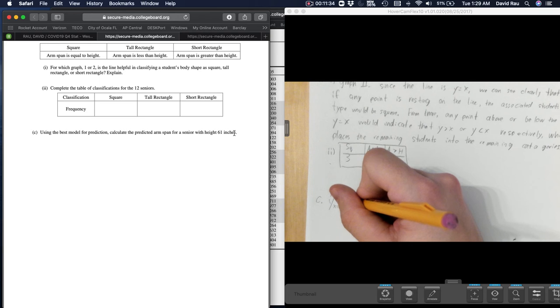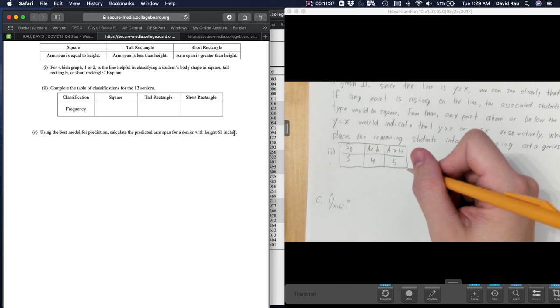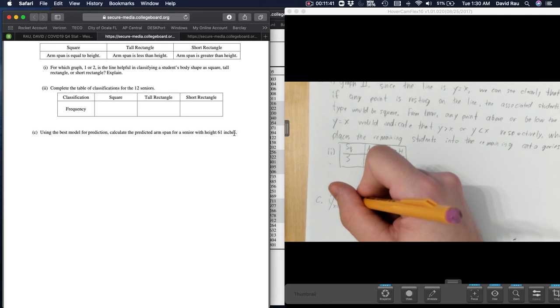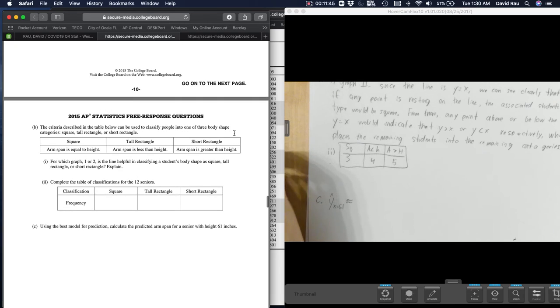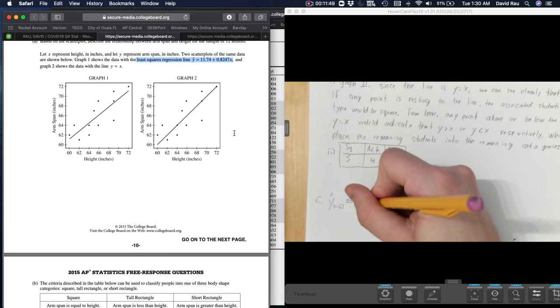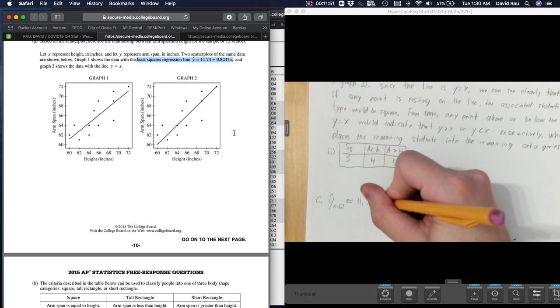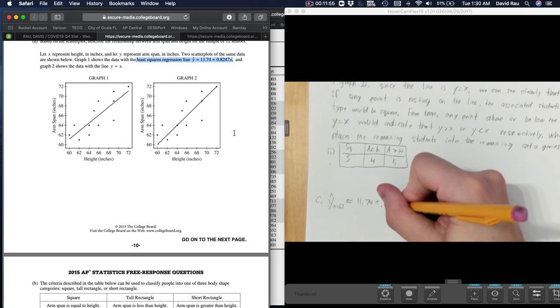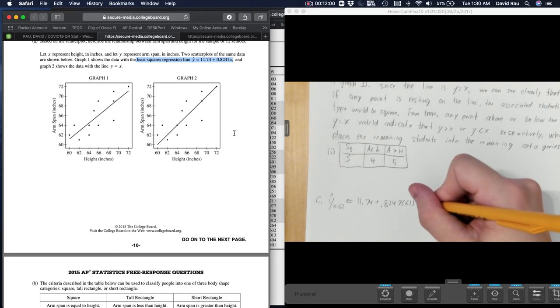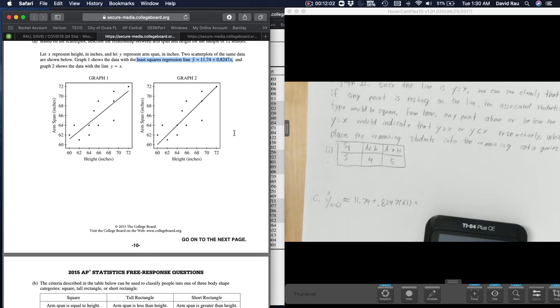So that's going to be approximately equal to, because it's a prediction line, and that's simply going to be 11.74 plus 0.8247 times 61.